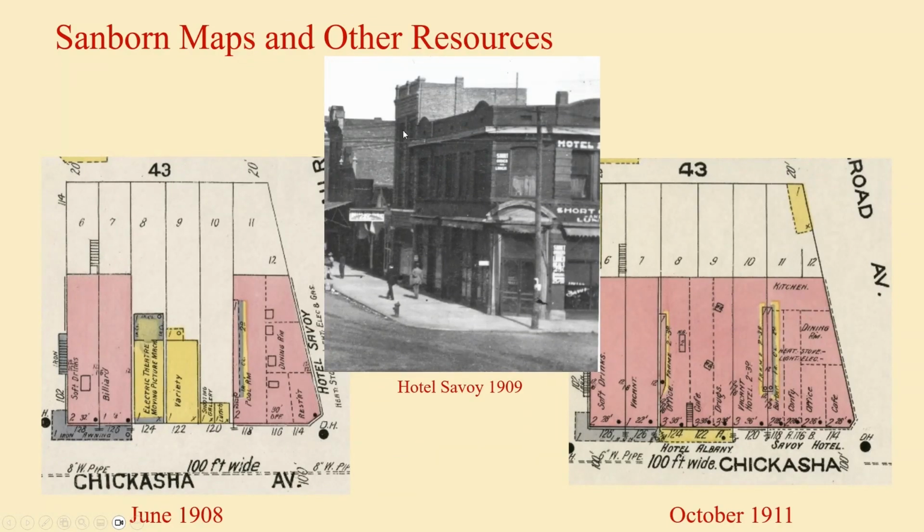We see one three-story building here right next to the hotel, but there are still one-story buildings beyond that. So this photo had to be between these two maps. That one three-story building built here next to the hotel was built before these other three-story buildings were built. So the maps are useful there in tying down when this photo was taken, if you didn't know.